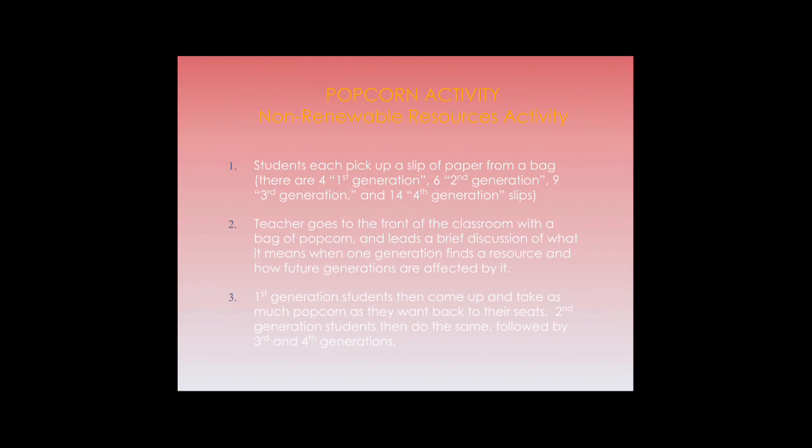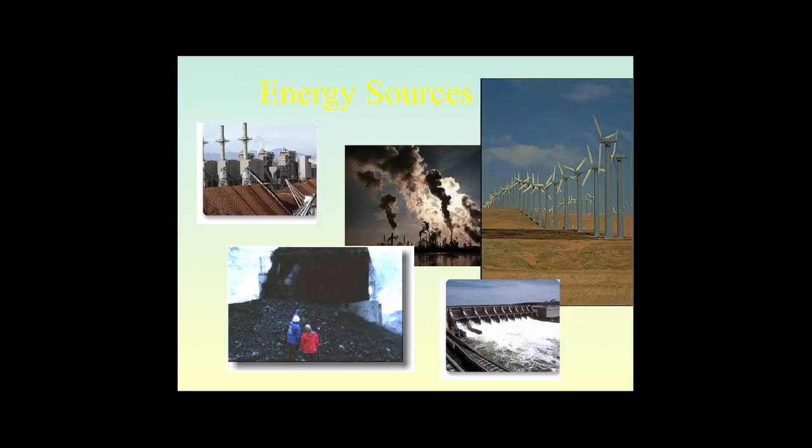So what this is showing is if we have a certain resource, over time we might run out of this resource. But it depends on generations now, how much we're using depends on how much we will have available for the future. So we're going to start looking at the different types of energy sources and if they are readily available or if they are starting to run out.